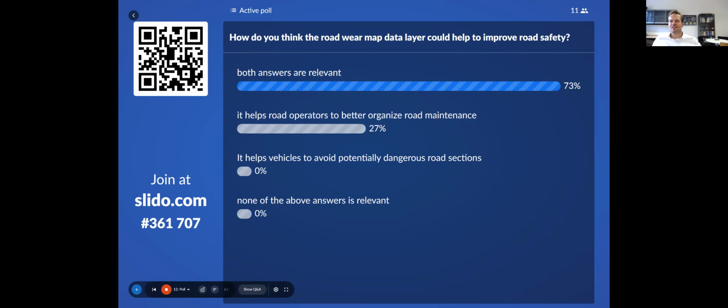The majority said both answers are relevant, which also reflects that our use cases actually have relevance. What is your opinion? Any additional comments?